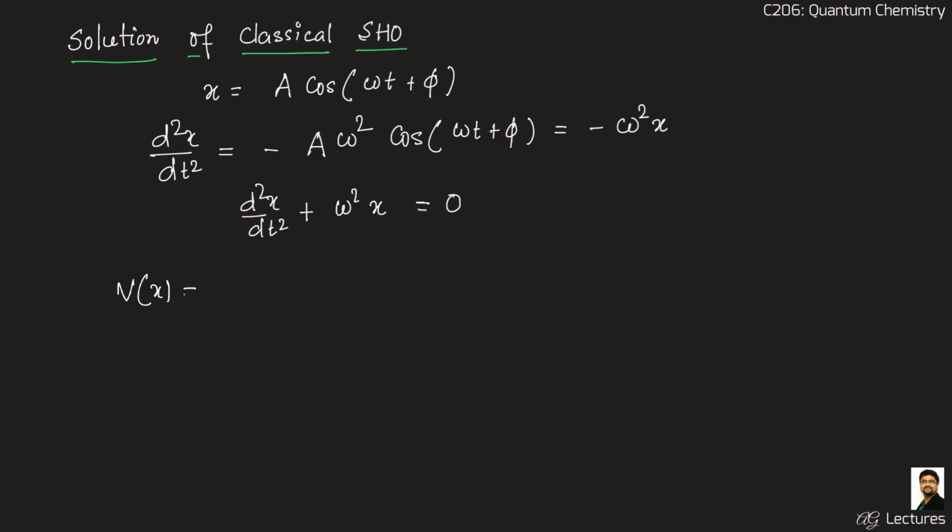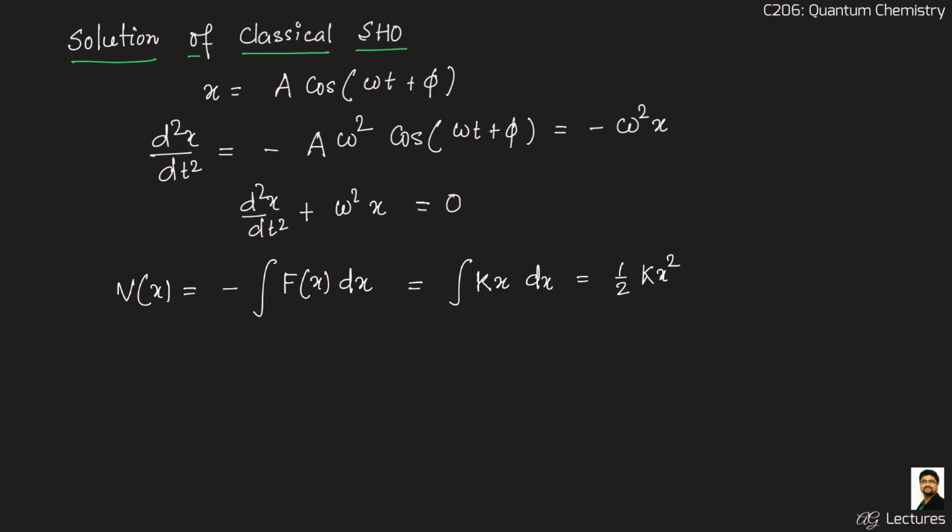And the potential V of x can be written as the negative of the integral of the force F of x dx, and we know that the force is given by minus kx, so this becomes plus kx dx, which is equal to half k x square.